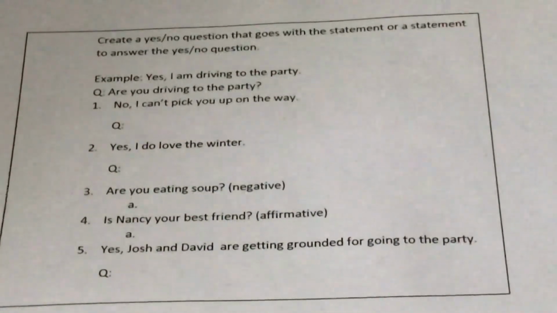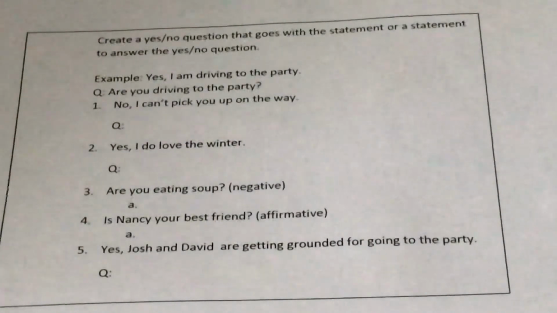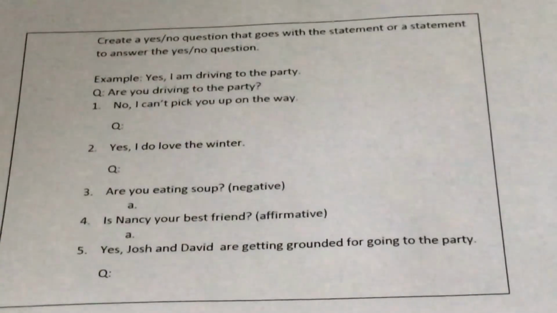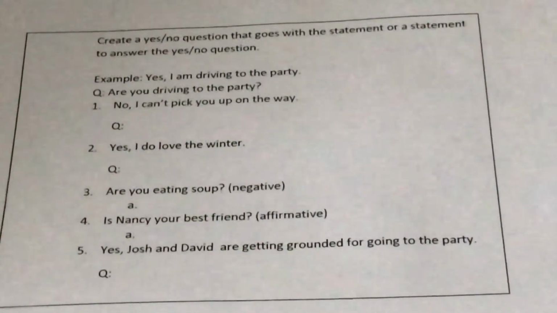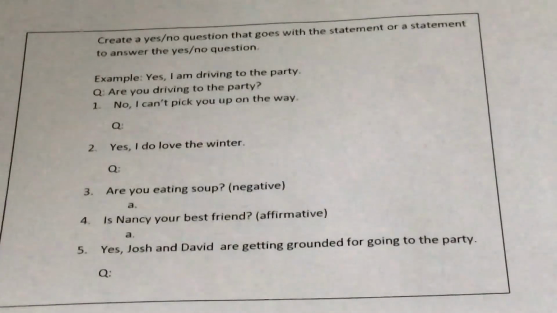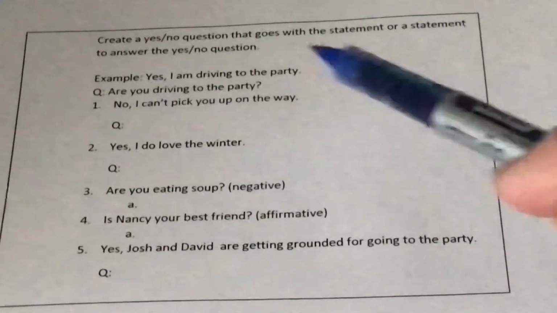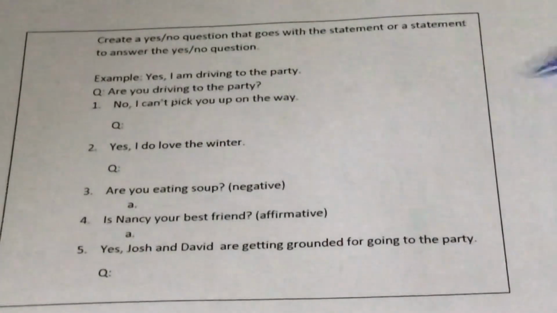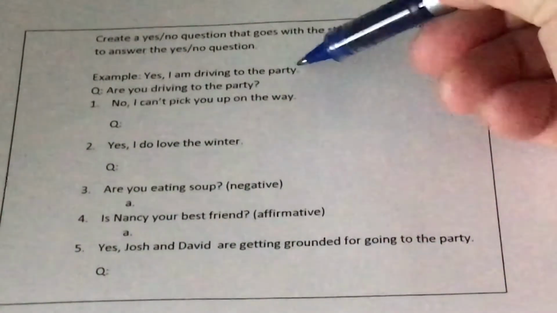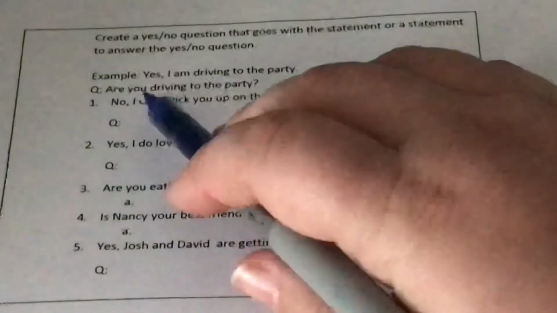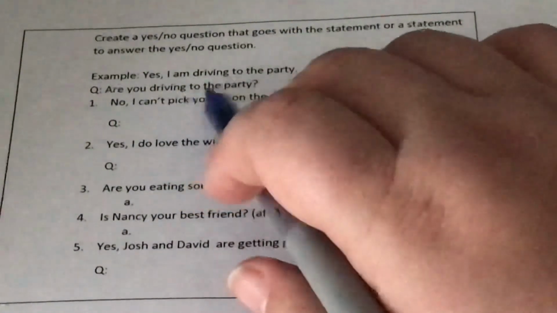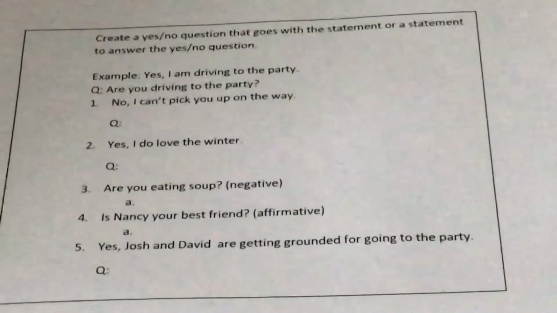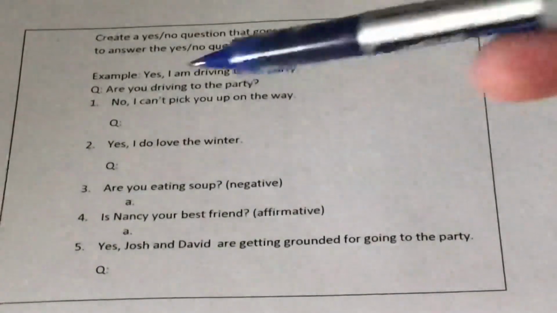Let's look at the activity. So it says, create a yes or no question that goes with the statement or a statement to answer the yes or no question. So I have an example. Yes, I am driving to the party. So if I was making a question for this, I would say, are you driving to the party? So you're going to do the same with these.